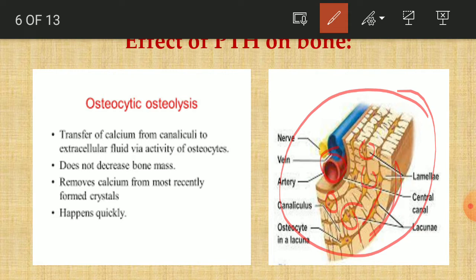So here the ionized calcium remains as loose currency, which can be utilized by the body to replenish the lowered blood calcium level.